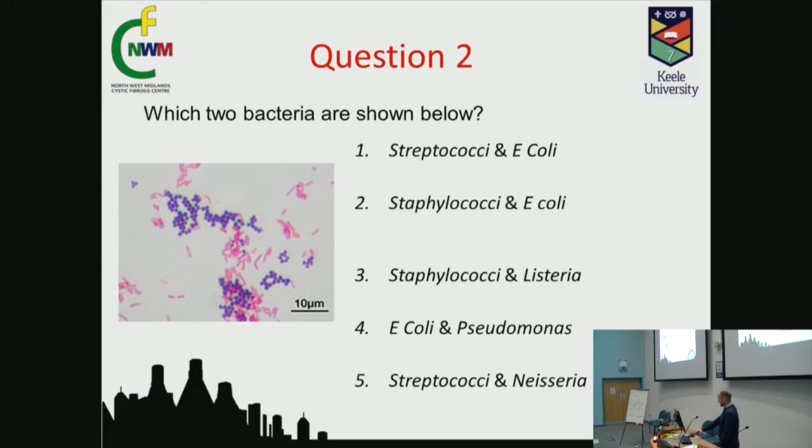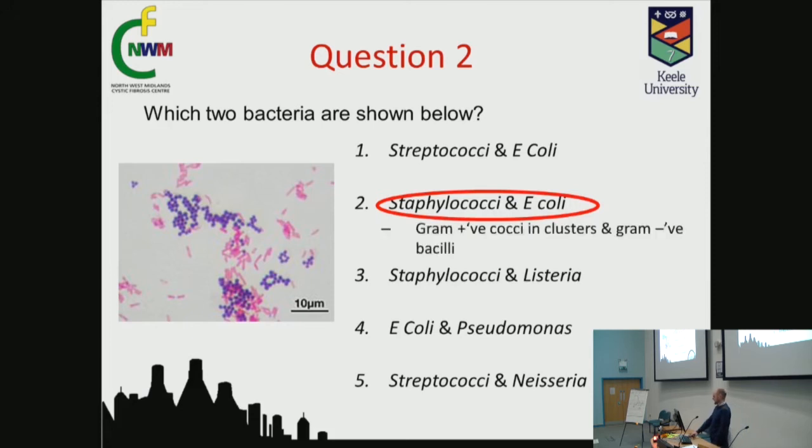So with a relatively little bit of knowledge, we know the answer, and that's because one of them is a gram-positive cocci growing in clusters, and one of them is a gram-negative bacilli, so that fits with the two that are there. Why can't it be the other ones? Well, it's not going to be strep because that would tend to grow in chains, although the E. coli was obviously correct.